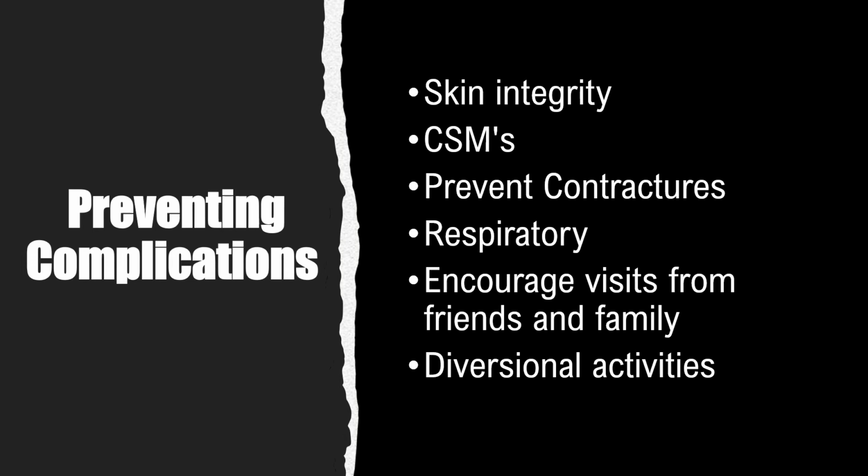Always checking for skin integrity, whether around the boot or ACE wraps or around the pin site. CSM checks, of course. Again, preventing contractures with range of motion. Respiratory is important, so we want to promote coughing and deep breathing, incentive spirometer, turning and repositioning the patient when they are allowed off of traction.